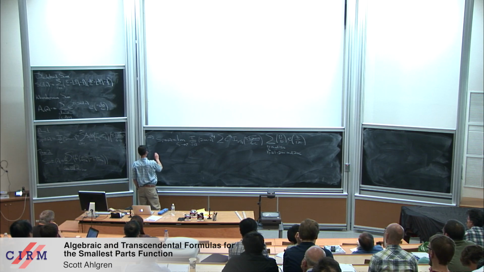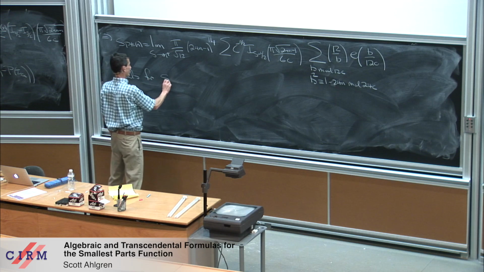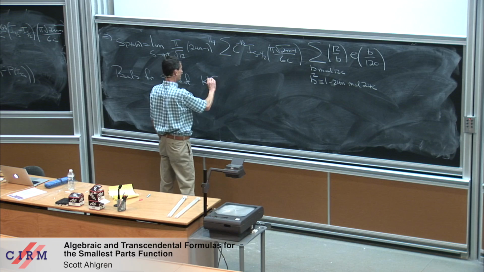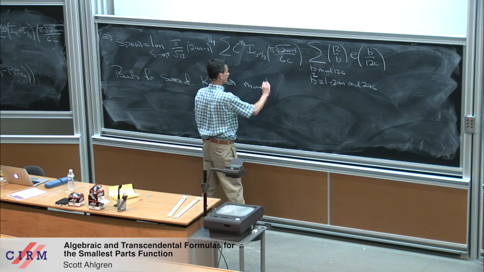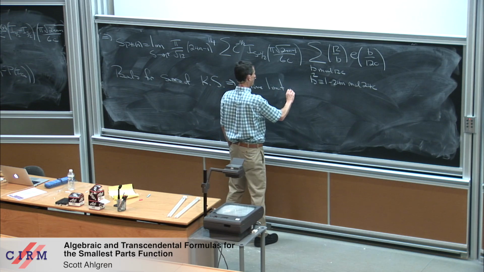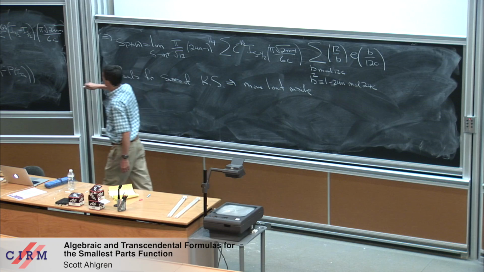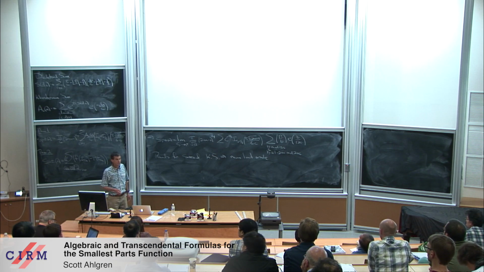So the bounds for sums of Kloosterman sums imply you can move the limit inside, basically. And that, plus some work with the character sums, gives this theorem. So that's how that goes.